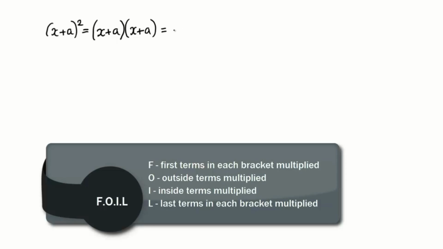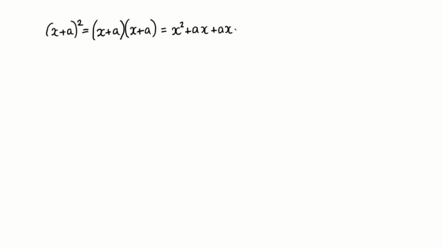But we'll get an x squared term, we'll get an ax and another ax, and then we'll get an a squared. Or to tidy up, we will get x squared, two lots of ax, add a squared.